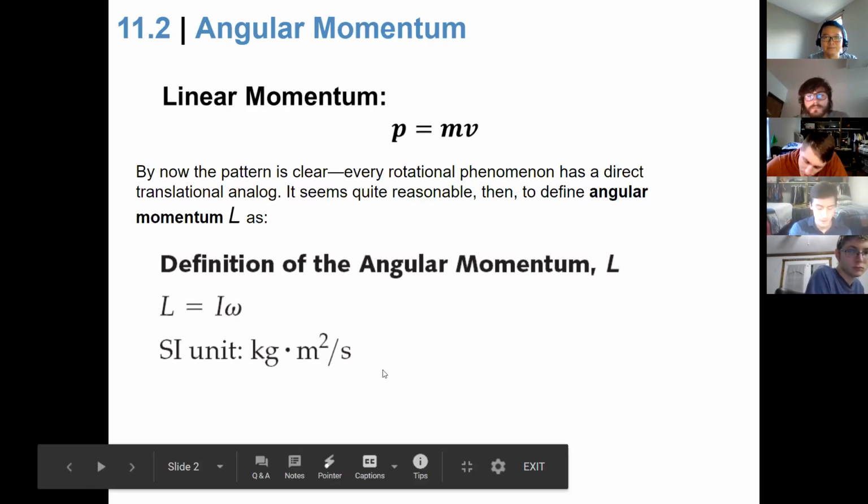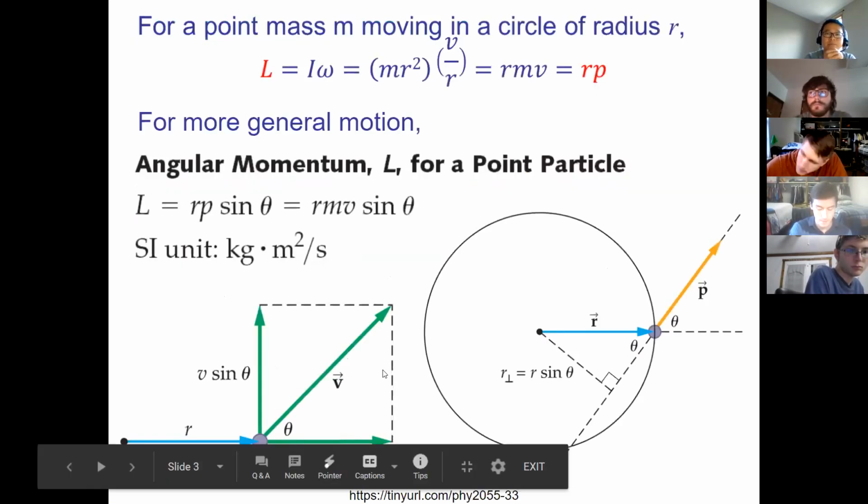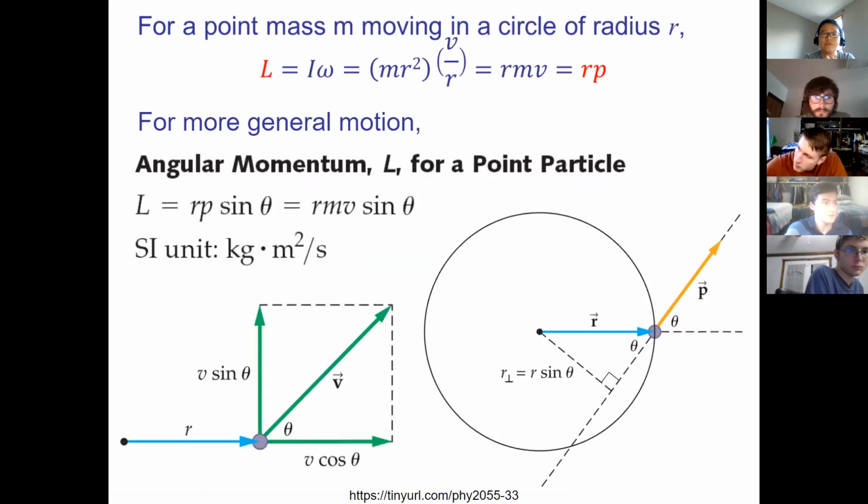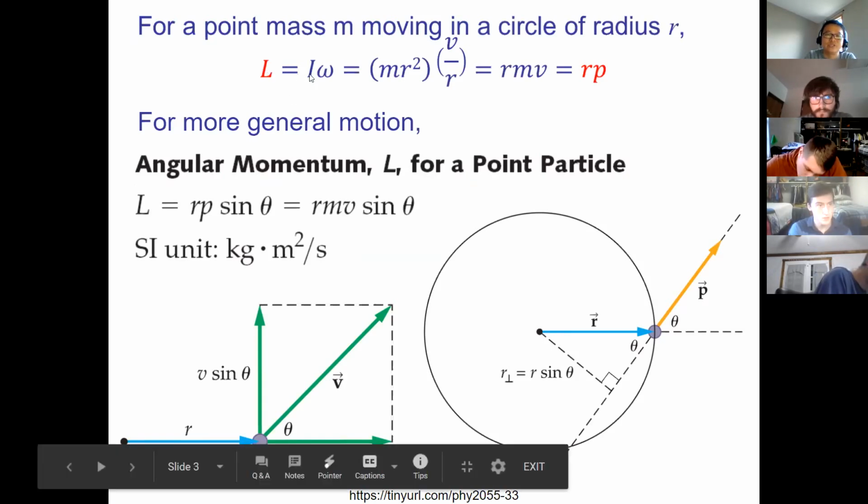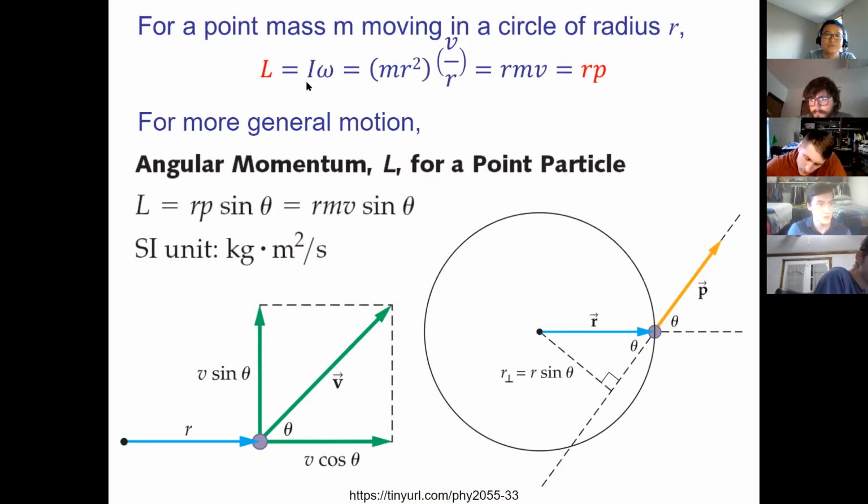All right. So we will take a look at the simplest system, a point mass rotating about an axis of rotation. From its definition, angular momentum equals moment of inertia times angular velocity. For a point mass, the moment of inertia is equal to m r squared, the mass times its distance to the axis of rotation squared, and angular velocity is equal to linear velocity divided by r.